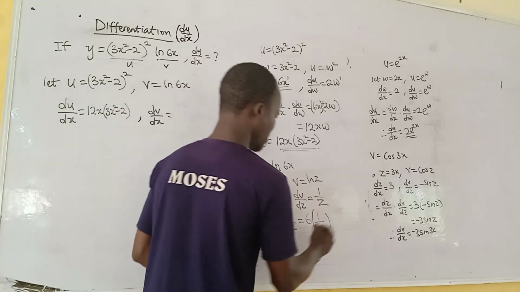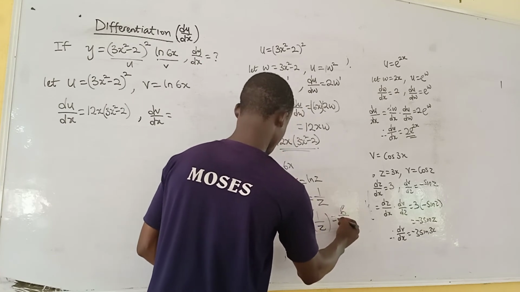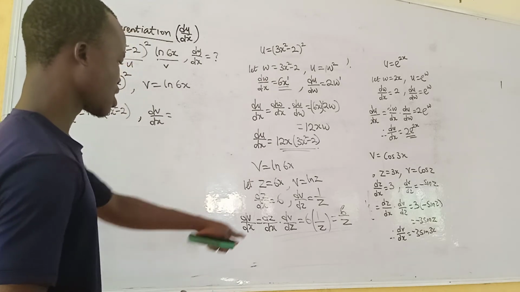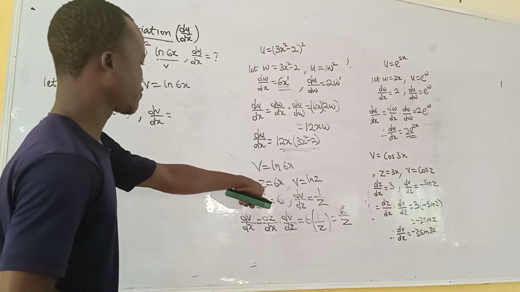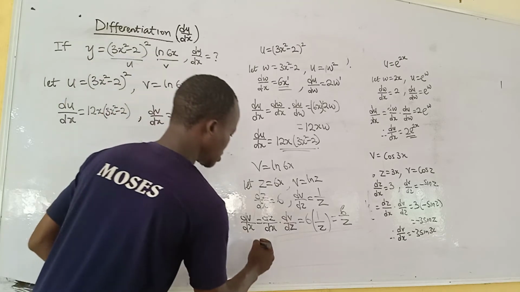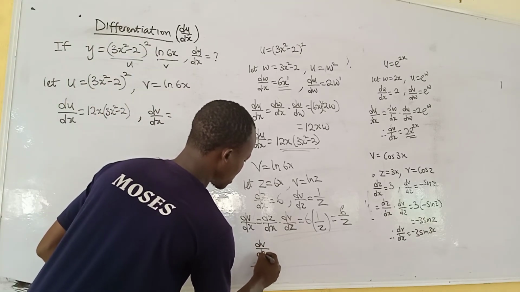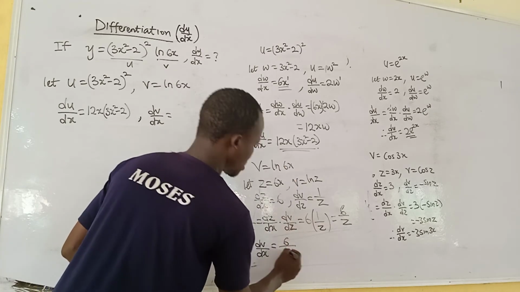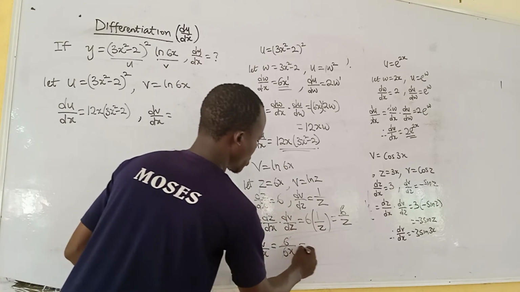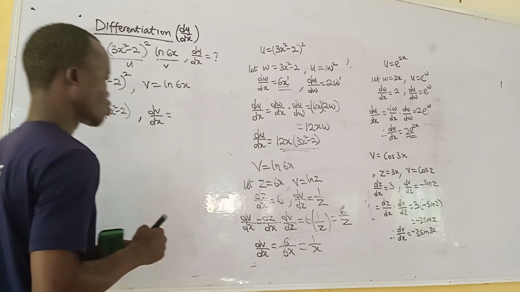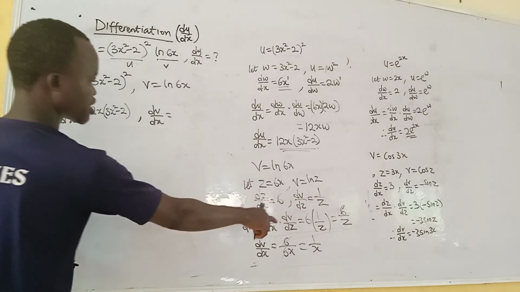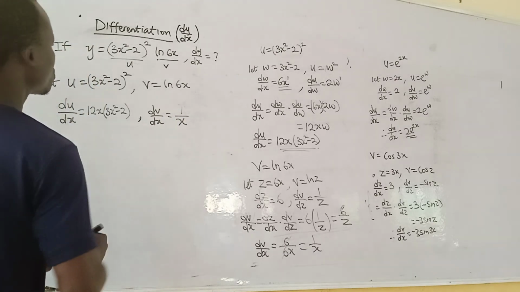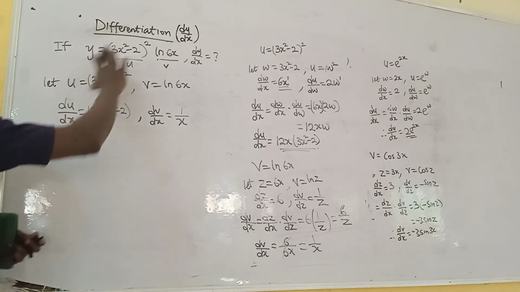So now dv/dx is 6 over z. But don't forget that our z is a function of x, which is 6x. Then dv/dx now is 6 over 6x. 6 divided by 6 is 1, and we have 1 over x. So the differentiation of ln 6x gave us 1 over x.